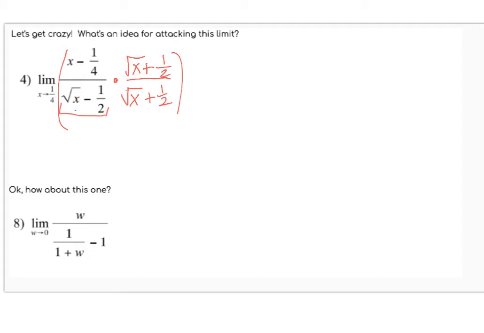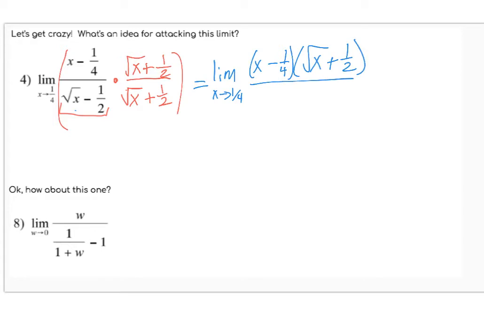On top, I'm going to leave this alone, because if I can avoid actually doing that multiplication out, that's probably going to make my life a lot easier. So I'm going to write this as x minus a fourth and square root of x plus a half. On the bottom, I'm going to multiply these things out.